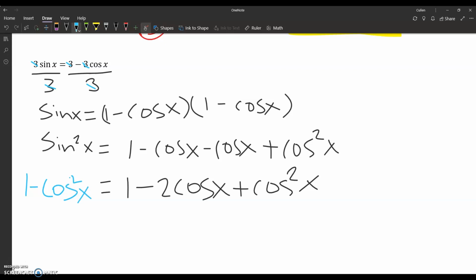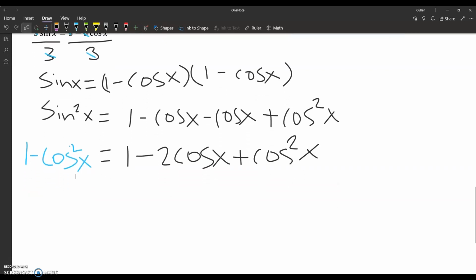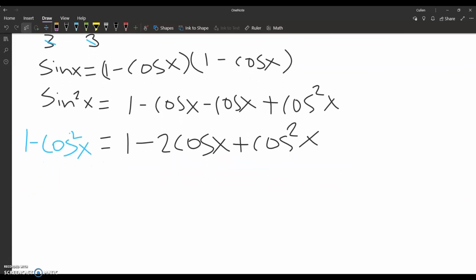And now I'm going to get all of my terms on the same side. So let me start subtracting things. If you subtract 1 from both sides, those cancel out. And then I'm going to add this cosine squared x to both sides, and that will cancel those out.